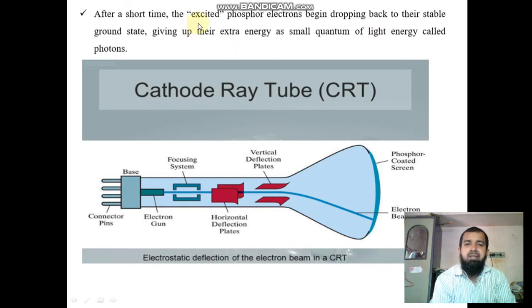After a short time, the excited phosphor electrons begin dropping back to their stable ground state, giving up their extra energy as small quanta of light energy called photons.